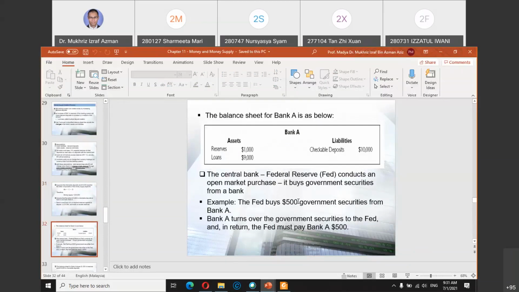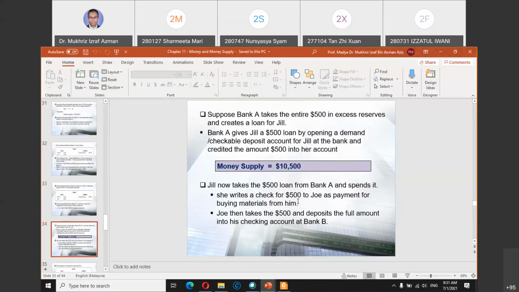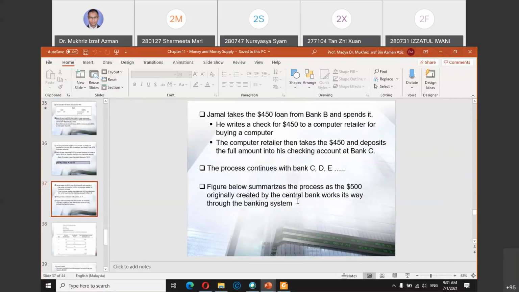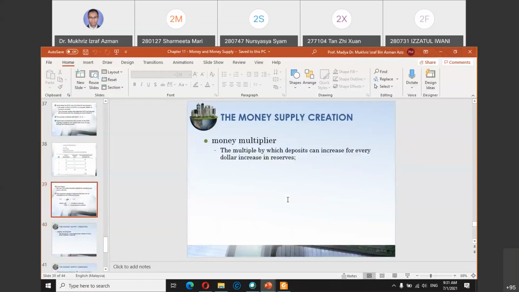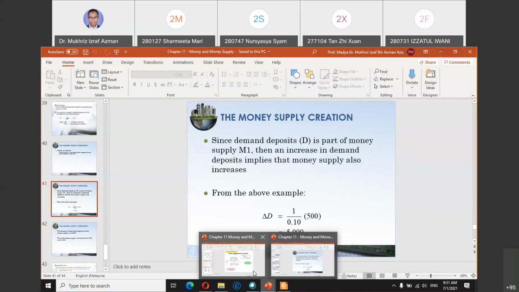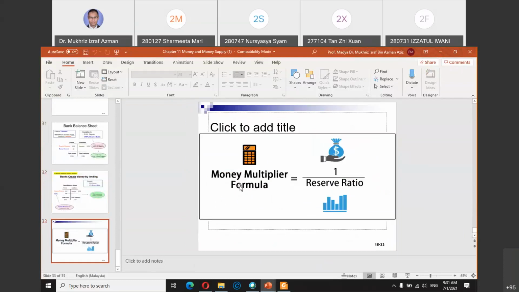I'm not going to go through this in much detail, because I think most of the questions from chapter 11 will be on definitions, not on calculation. But if you recall in this slide, you have the money multiplier formula, 1 divided by reserve ratio.